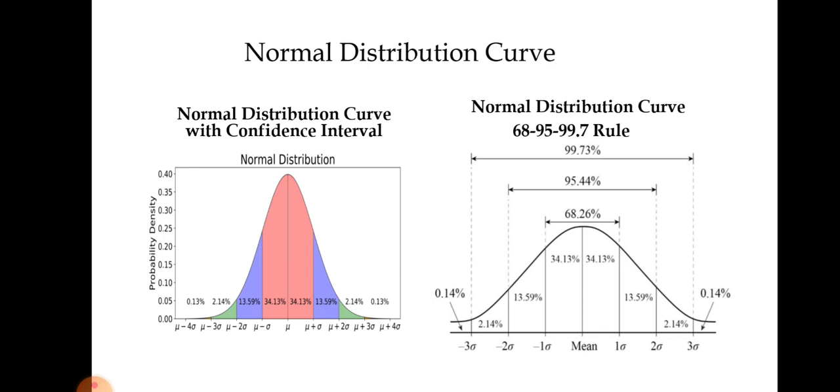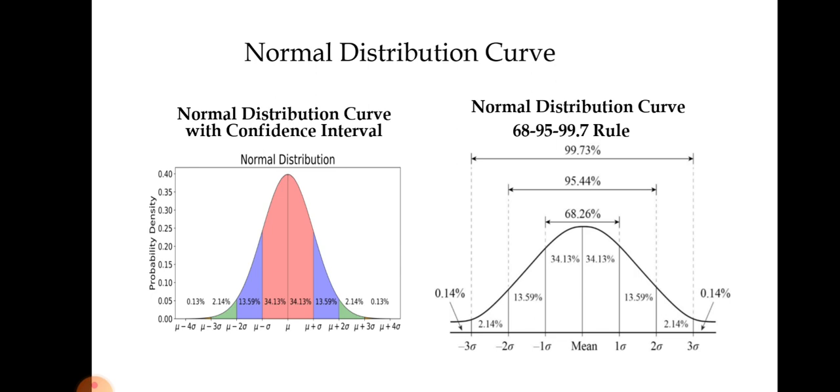And the third one is that a total of 99.73% of values will lie between plus 3 standard deviations and minus 3 standard deviations. That is the summation of 34.13 plus 13.59 plus 2.14.